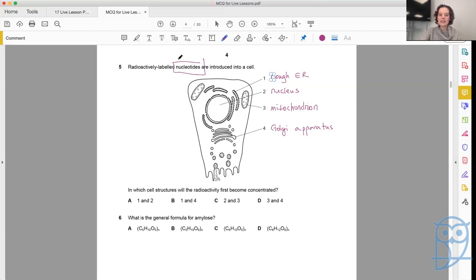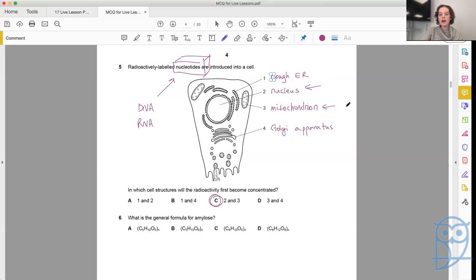But this question says nucleotides. We use nucleotides to build DNA and we use nucleotides to build RNA. Okay, so where do we find DNA and RNA? Most certainly in the nucleus and also in the mitochondrion. Because remember, your mitochondrion has that circular loop of DNA. So we are looking for 2 and 3, which is our answer C.